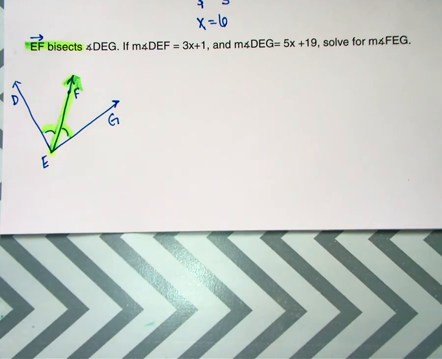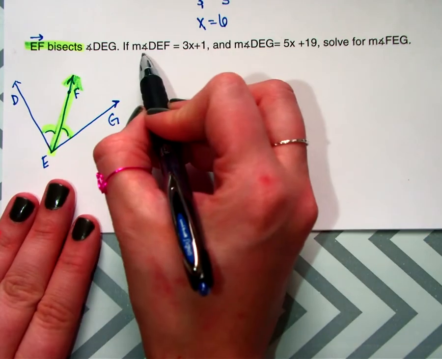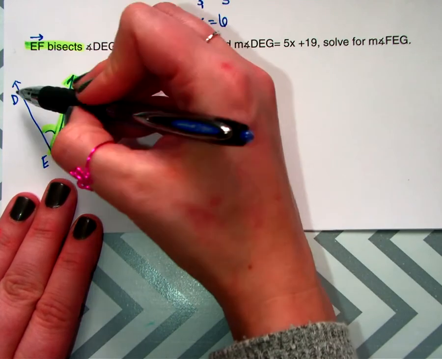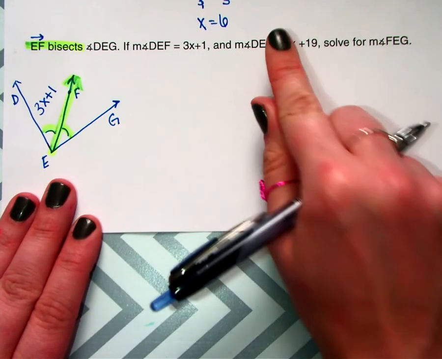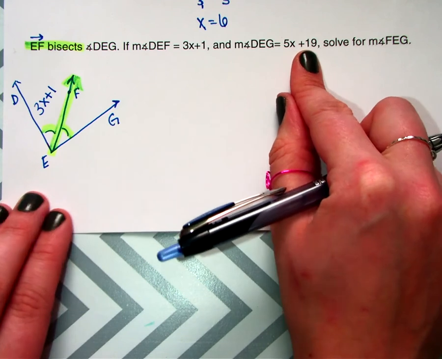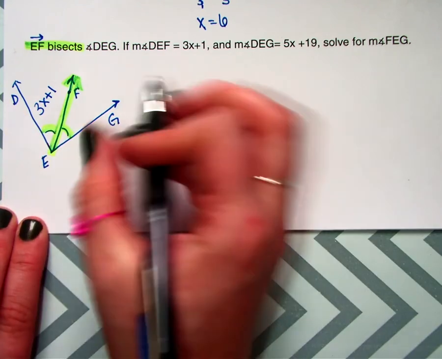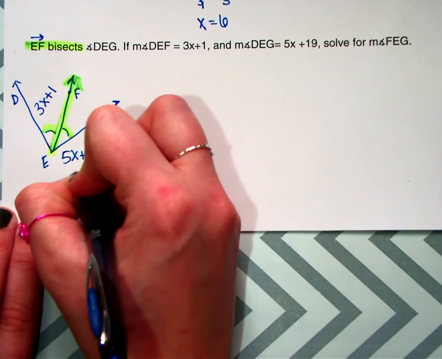So let's go ahead and fill in our question. So we've got angle DEF is 3x plus 1, and DEG, that measure is 5x plus 19.